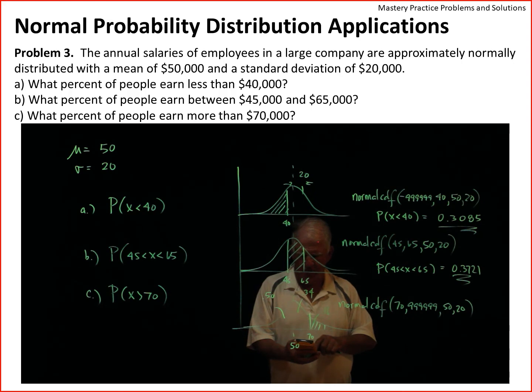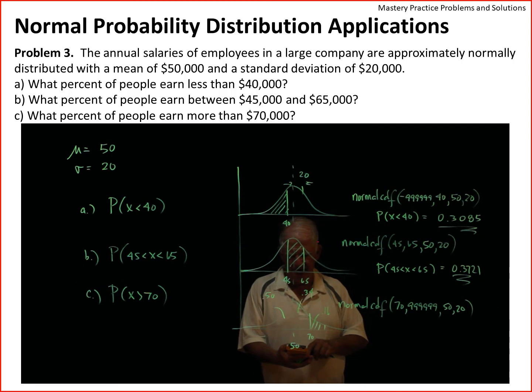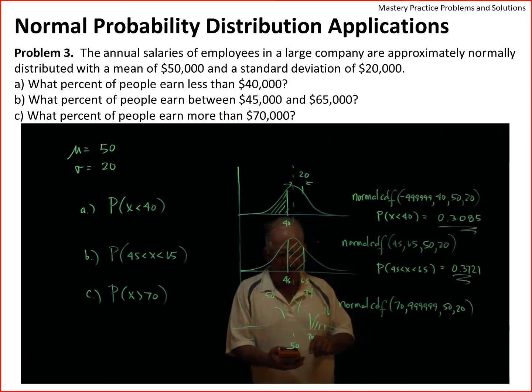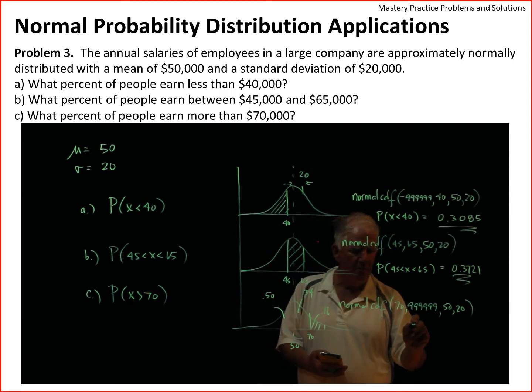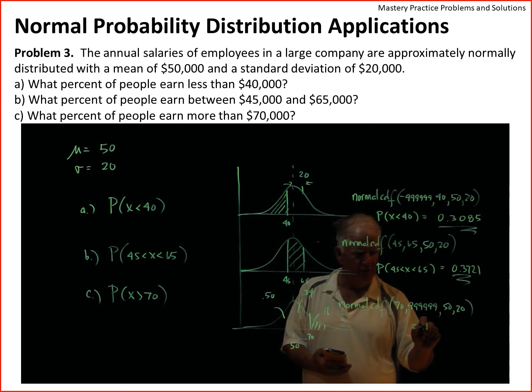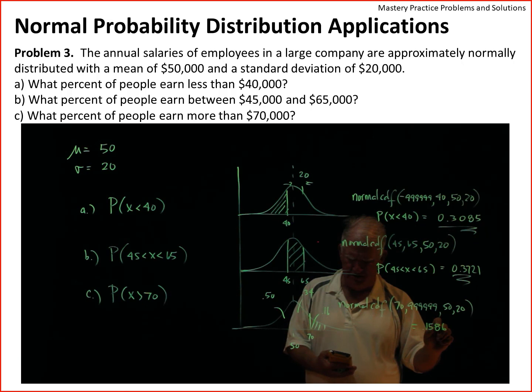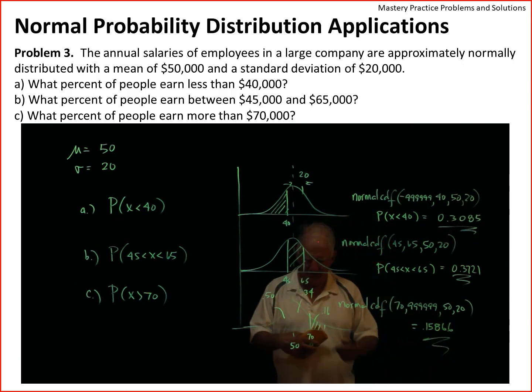Back over to normal CDF. I'm going to hit 70, I'm going to hit 999, 999, 50, 20, paste, and the answer is 0.158656. There, there are the three answers.